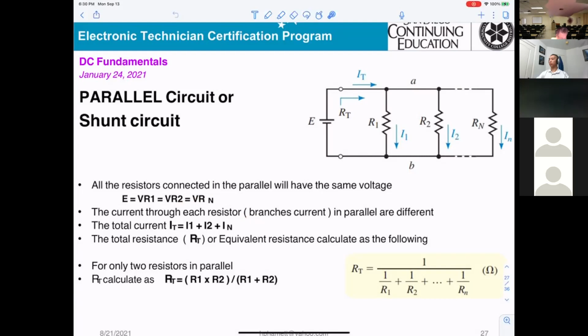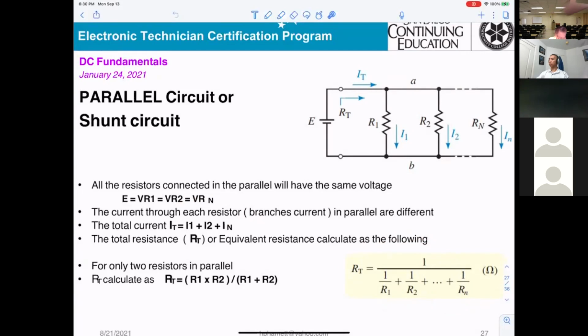And if you want to calculate the total resistance of the parallel, you can get this formula: 1 over R total equals 1 over R1 plus 1 over R2 plus 1 over Rn, no matter how many resistors in parallel you get.